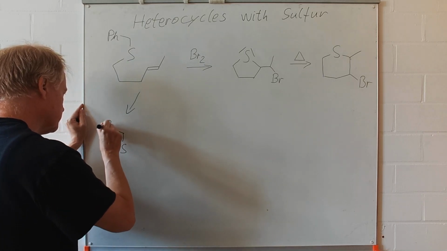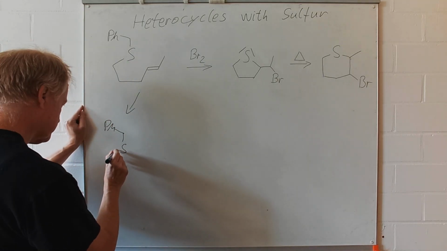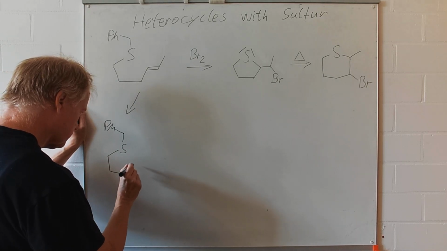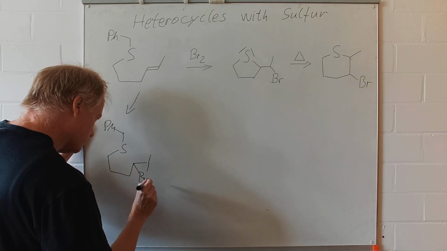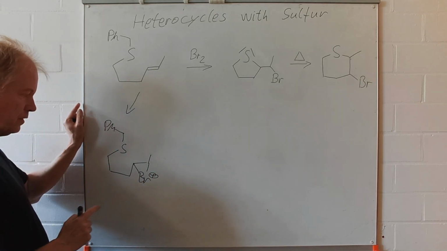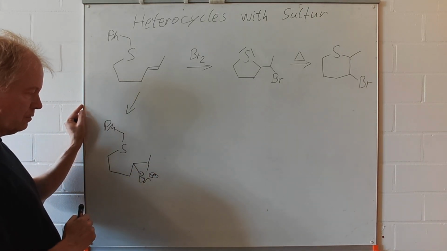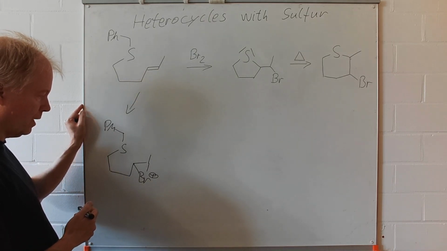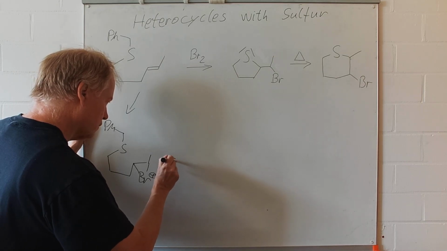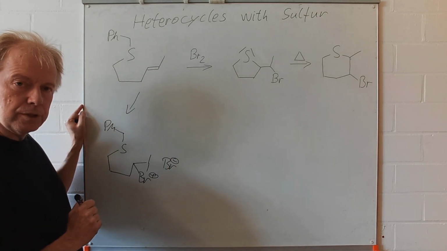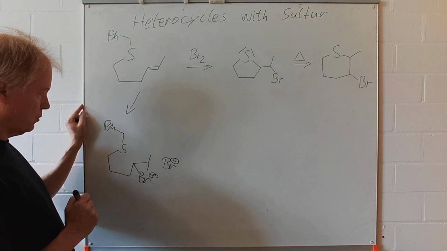Let's draw this intermediate. The bromonium cation is a 3-membered ring with a cationic bromine, and of course the corresponding anion is also present.